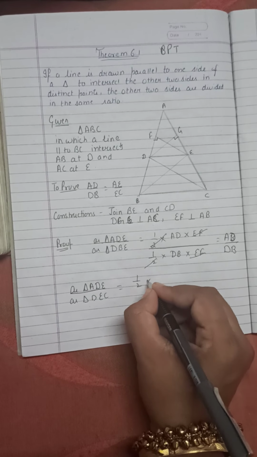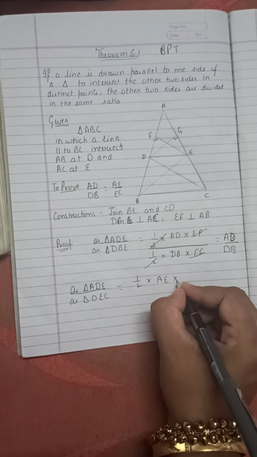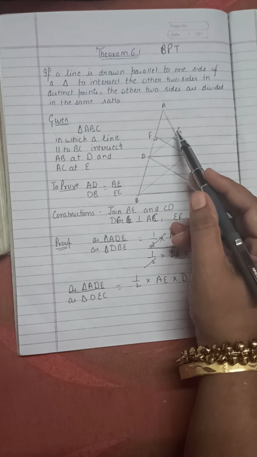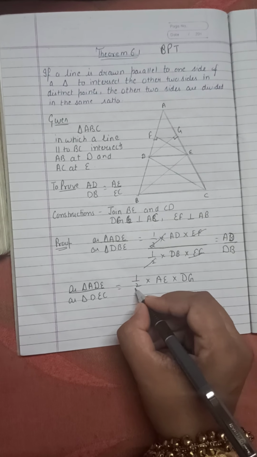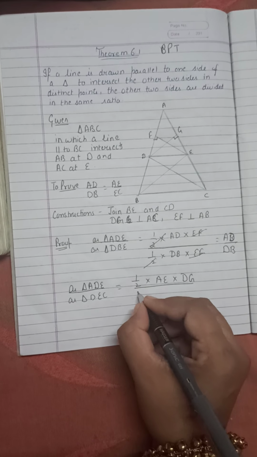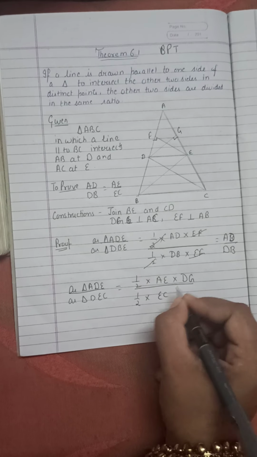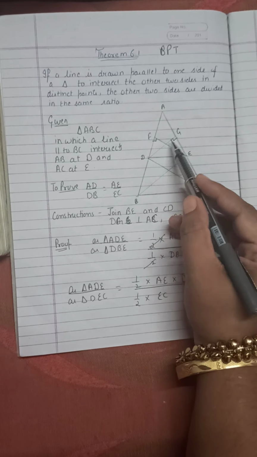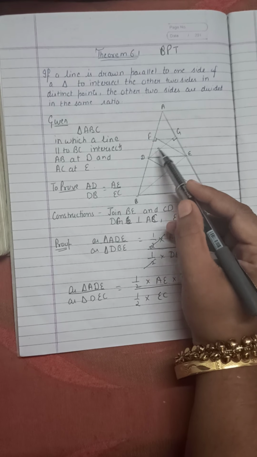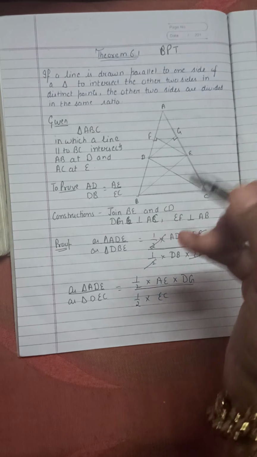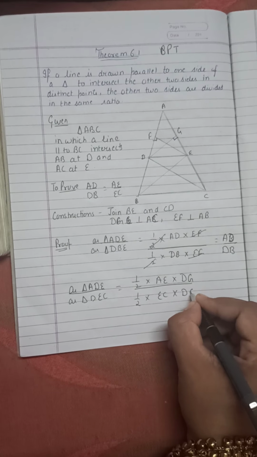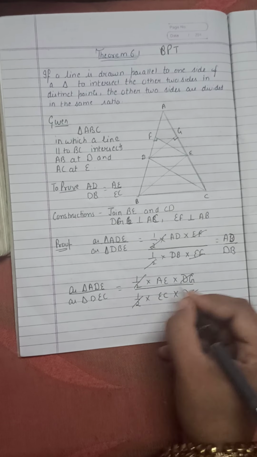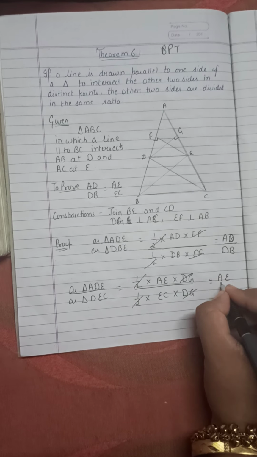That will be half into AE into the corresponding altitude, that is DG, and half into EC into DG, and again this is an obtuse angle triangle. In an obtuse angle triangle, the altitude will lie outside the triangle, that is DG. So now you can cancel these two and you will get AE upon EC.